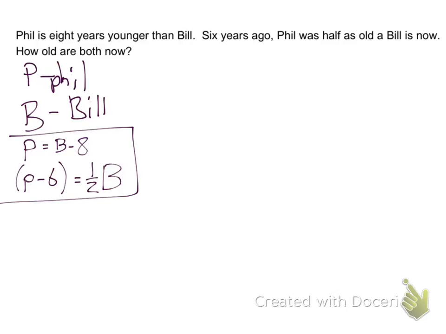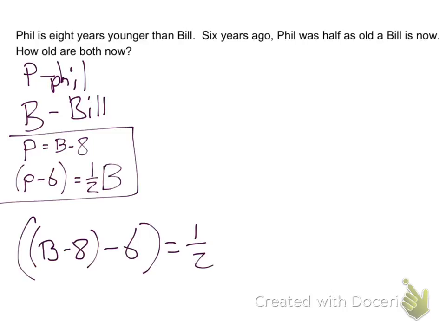Could I then just take the B minus 8 and plug it in for P? B minus 8 minus 6 equals 1/2 B. What's B minus 8 minus 6? B minus 14 equals 1/2 B.